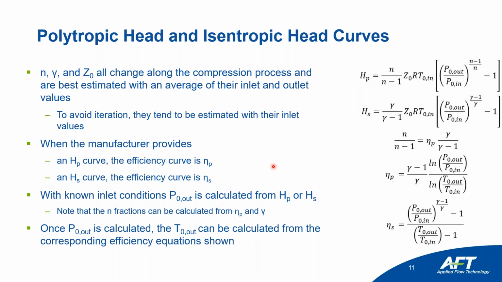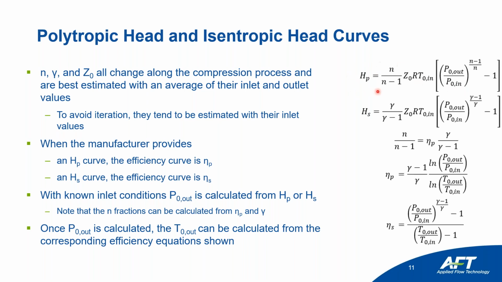So anyways, especially when you assume that these values are the values at the inlet, then with your known inlet conditions, you can back calculate your stagnation discharge pressure, or stagnation outlet pressure.